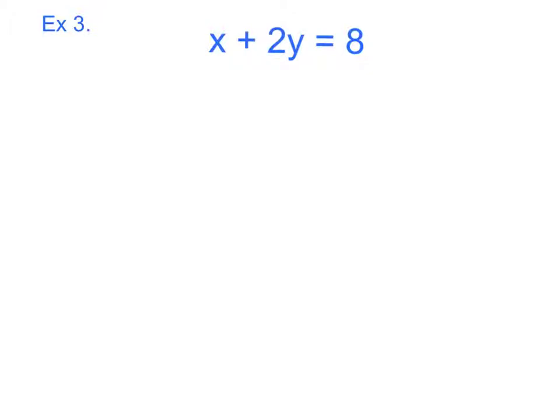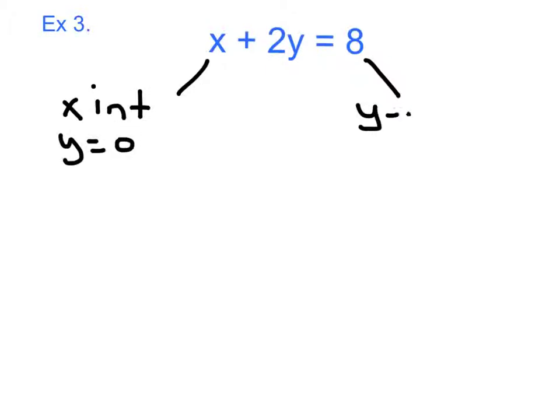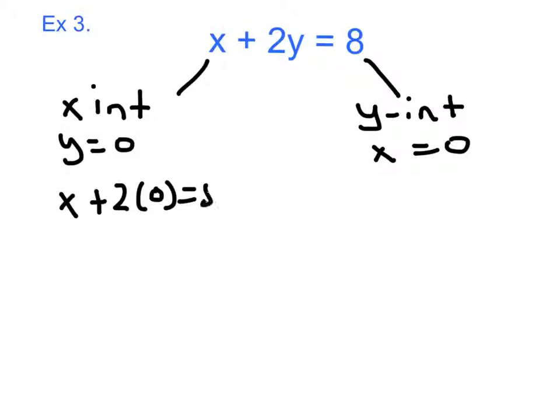Third example. So we have two different branches, an x-intercept where y equals 0, a y-intercept where x equals 0. We plug it in, we get x plus 2 times 0 equals 8. 2 times 0 is 0, so all that's left is x equals 8. Nothing to simplify.